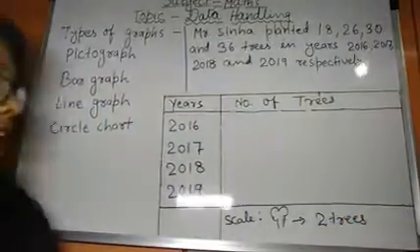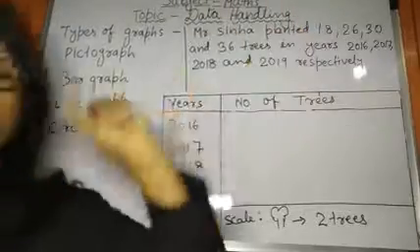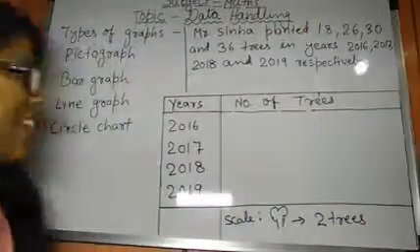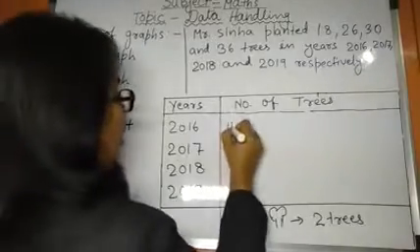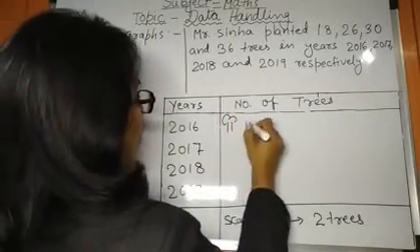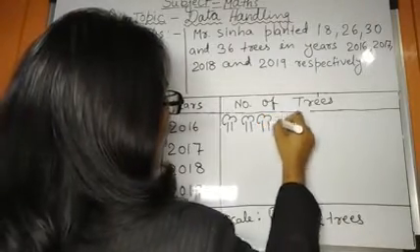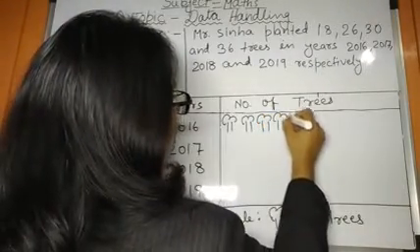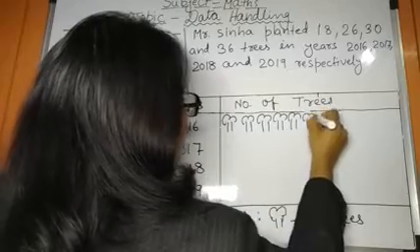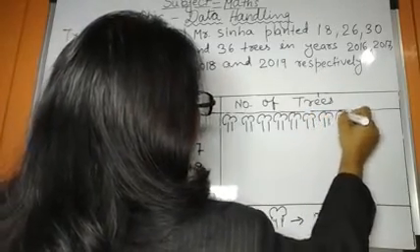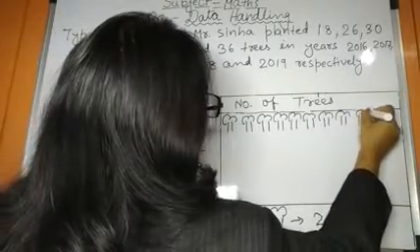This is a scale. Now for 18, how many trees do I have to make? I have to make only 9 trees. So here we will make 9 trees: 1, 2, 3, 4, 5, 6, 7, 8 and 9.